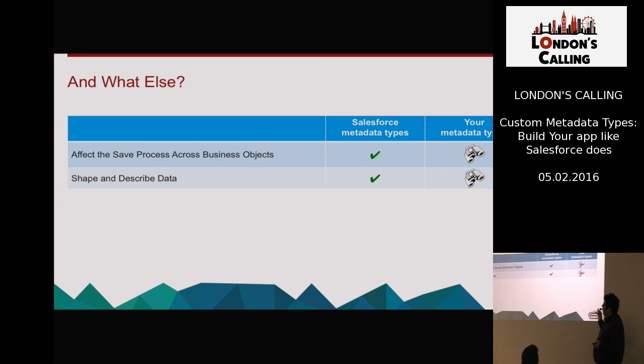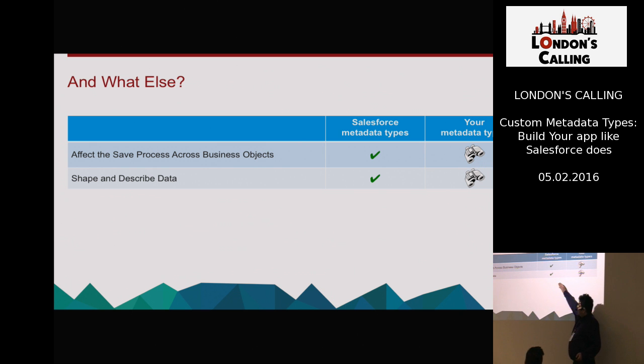One is standard metadata types, like validation rule. You can apply validation rules to a variety of objects, and they affect how all of those different objects save. A trigger you have to write against a single object, but the general process by which validation rules are enforced applies widely.